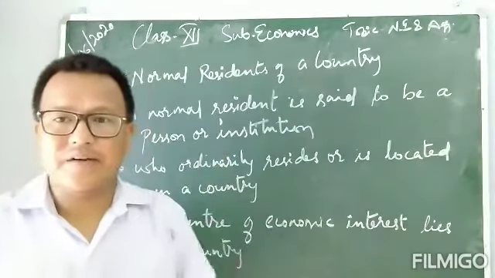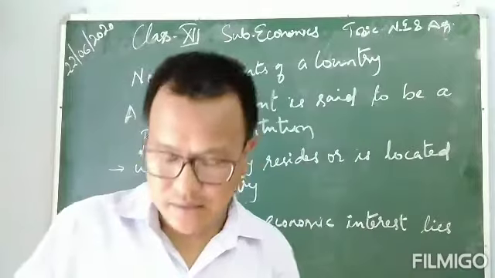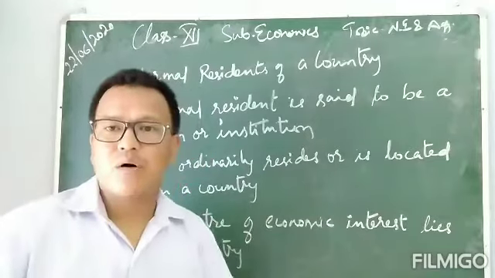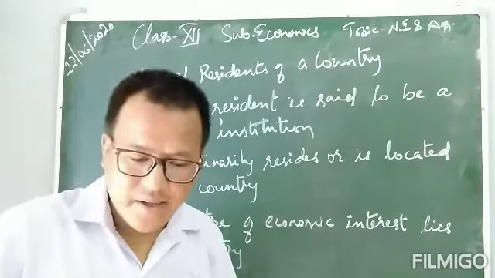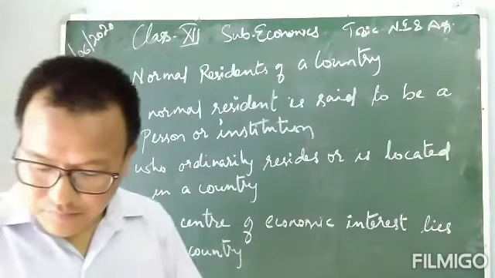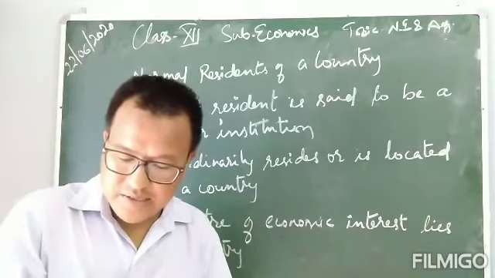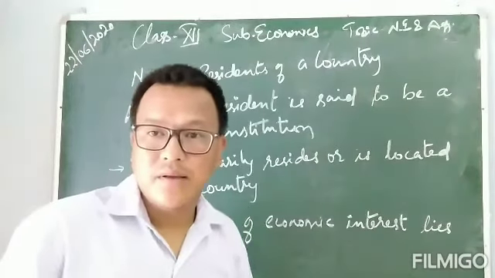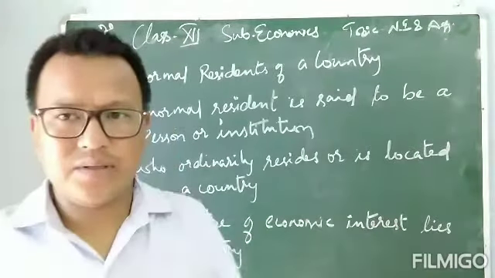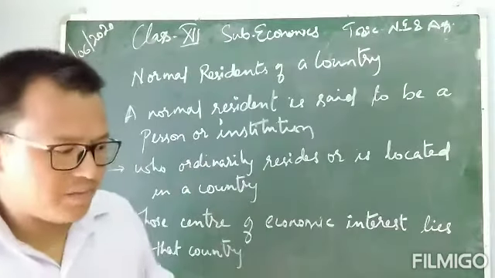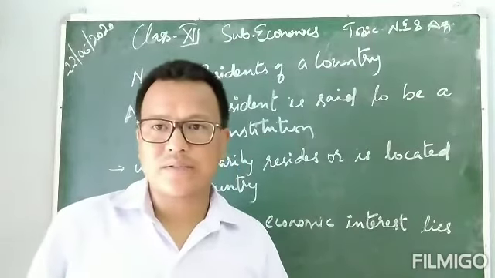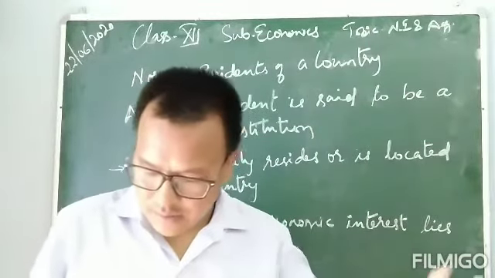Now basically there is a difference between residents and citizens. A citizen, or a national, as you all know, is a person who is a citizen by birth, but a resident is a person who lives in that country. For example, we have seen many people of our country working or staying in America or England.